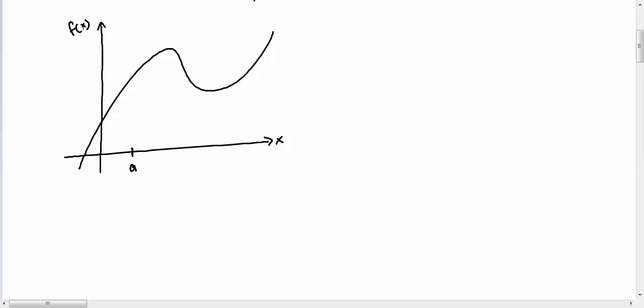Yeah. And if that's a, then this is f of a. All right. Instead of defining the second point as x, what I'm going to define is the distance between this point a and the second point, whatever it is. I'm going to define that as h.